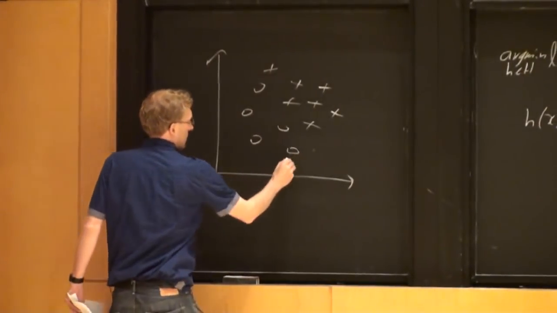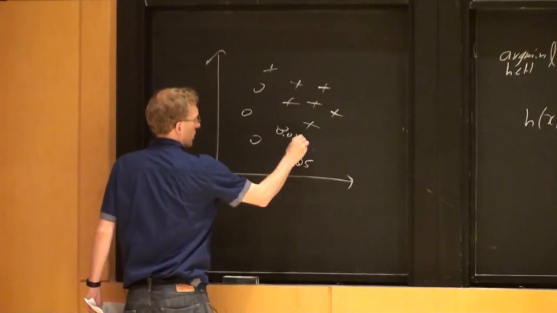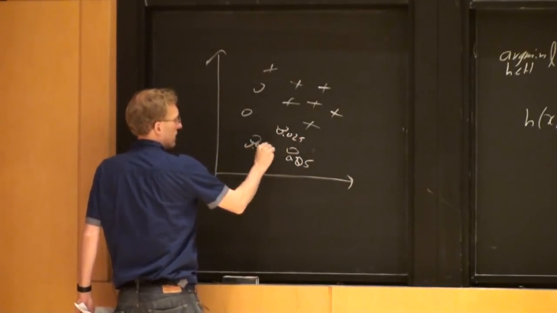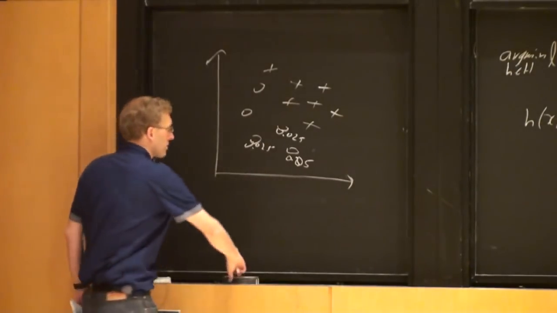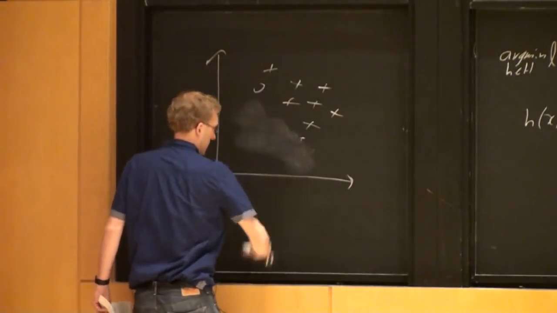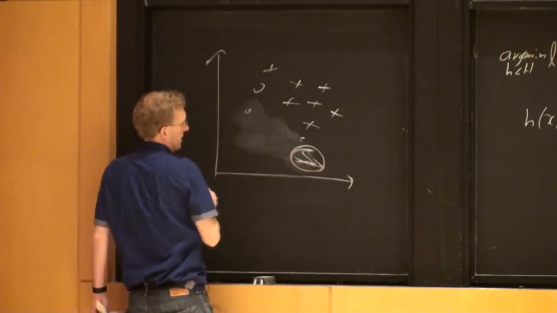So let's say this here is 0.3, but 0.05, 0.025 or something. Every point has a weight associated with it. Or I can also draw them smaller and bigger. How about this? This guy's a big weight, so it's big. This guy's a small weight, it's tiny.